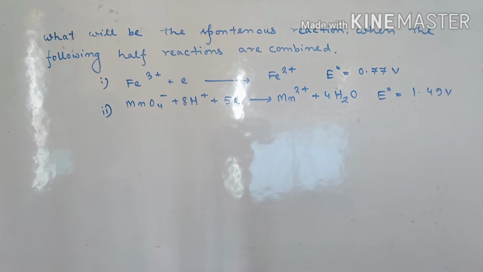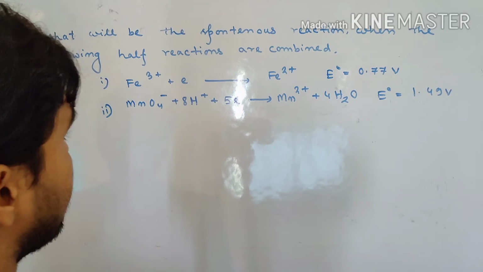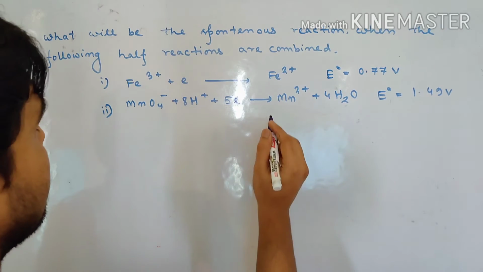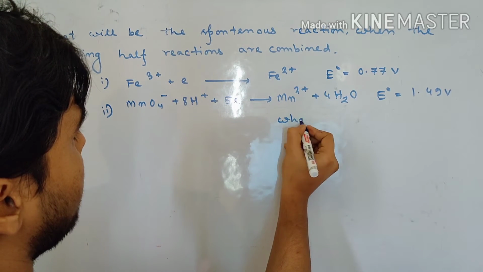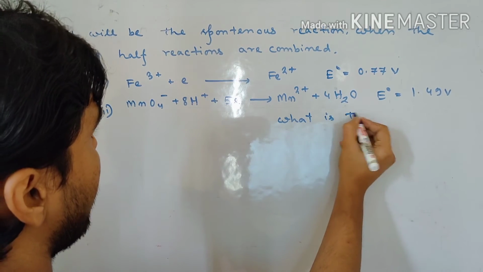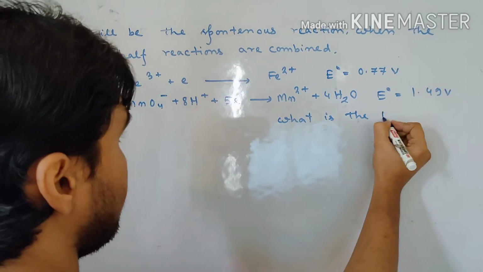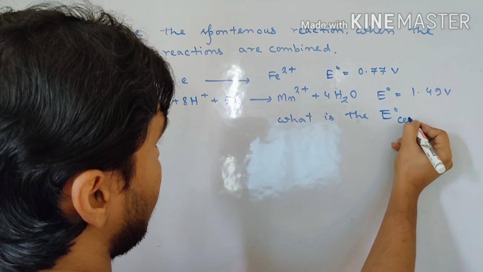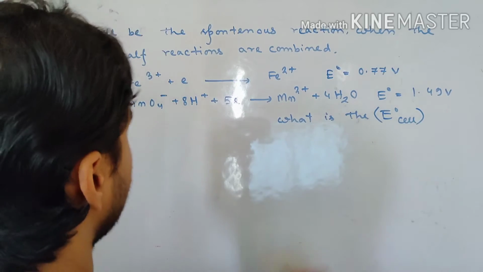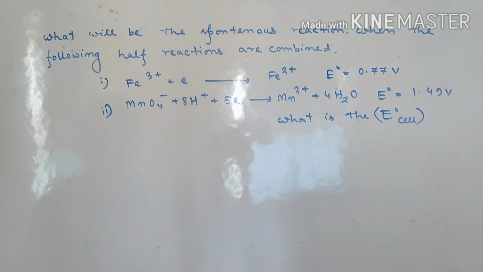What will be the spontaneous reaction when the following half reactions are combined? And at the same point of time, there is an additional question. What is the E0 of cell? Remember, E0 of cell. So let us see, the information is already given and E0 values are also given.